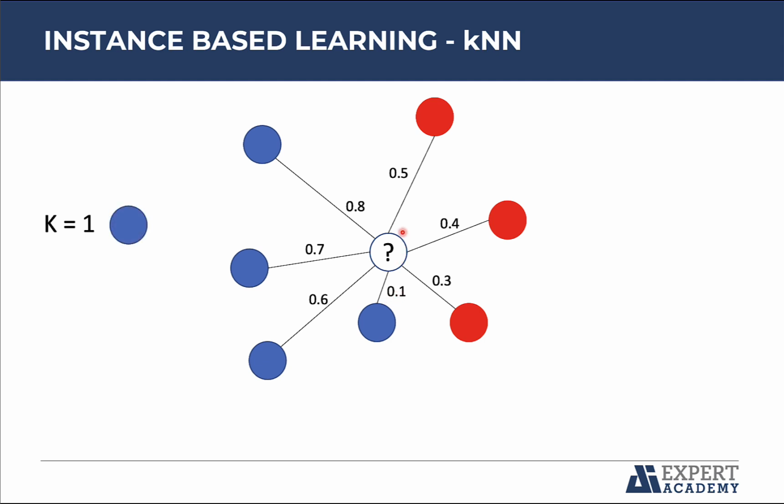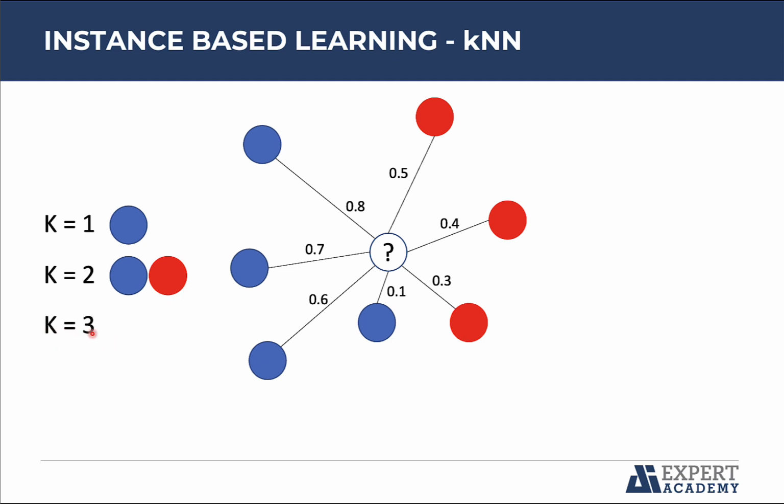It means that this point, whose class we don't know, will be classified as blue. If k is equal to 2, we are going to select the two closest points, 0.1 and 0.2. So the new point could be classified as blue as well as red.